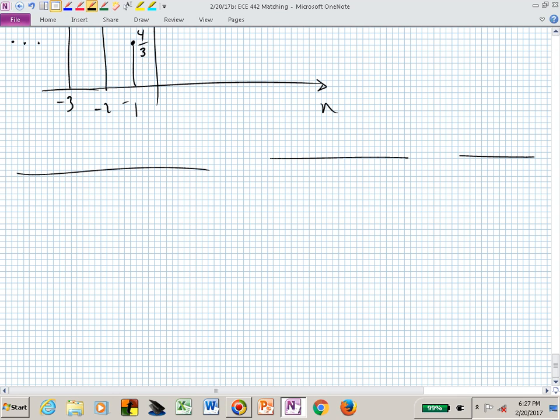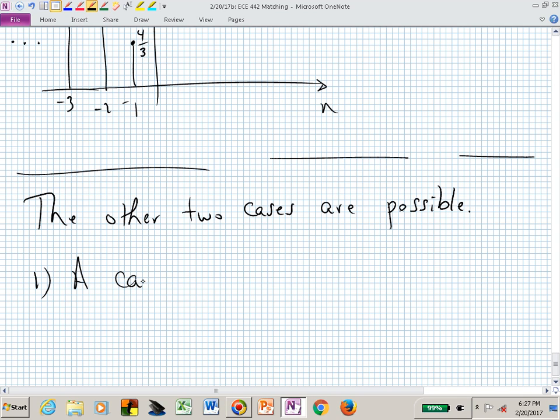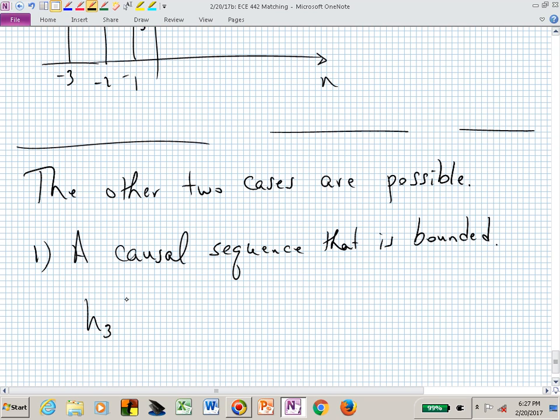There's 2 more cases that we could talk about. We could have a causal sequence that is bounded. Let's say that's now h3 of n. What's a possibility there?